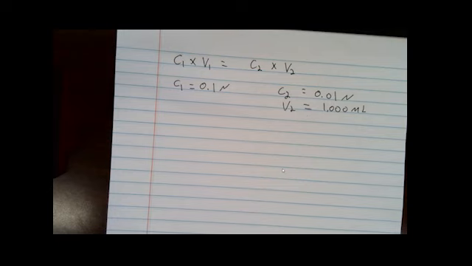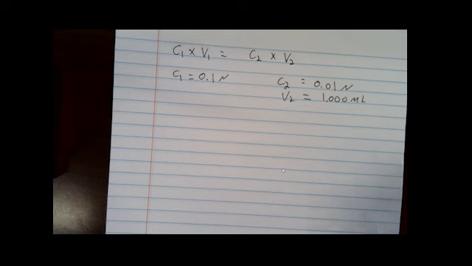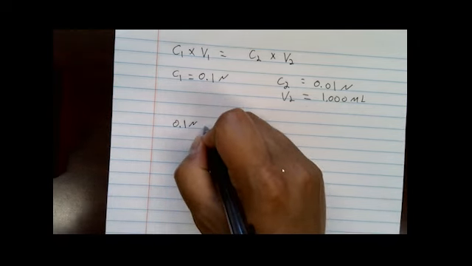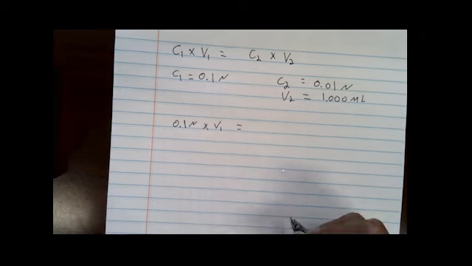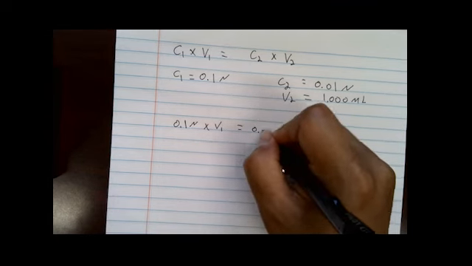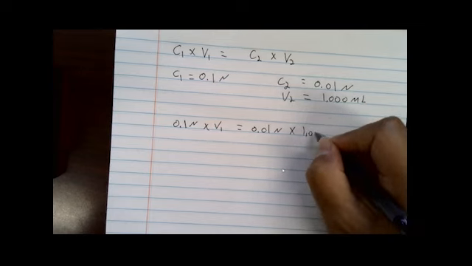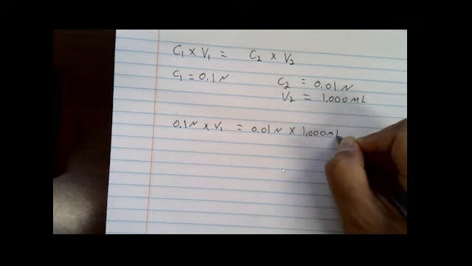We want to have those units so that we have our ending units, our volume 2, in milliliters as well. So now we want to put everything together, right? Plug everything into the equation. 0.1 normal multiplied by volume 1 is equal to 0.01 normal multiplied by volume 2, which is 1,000 milliliters, right?